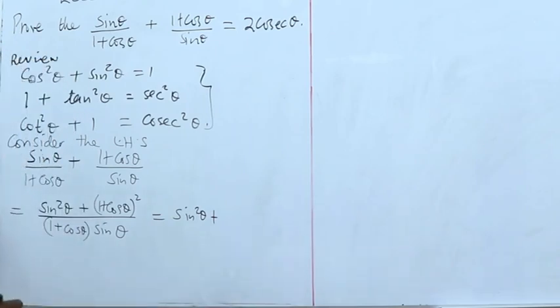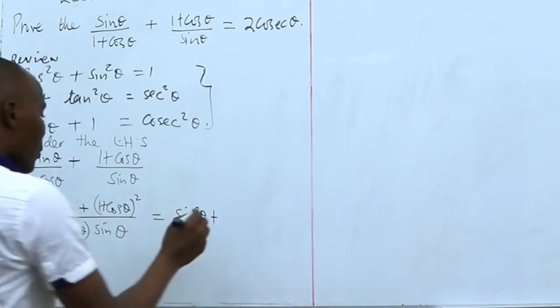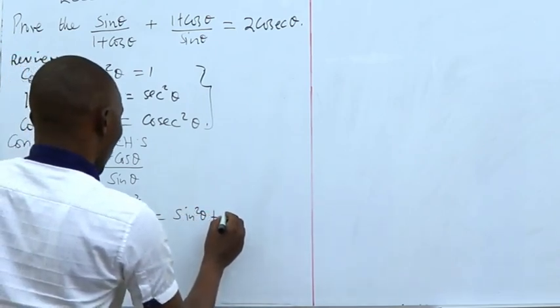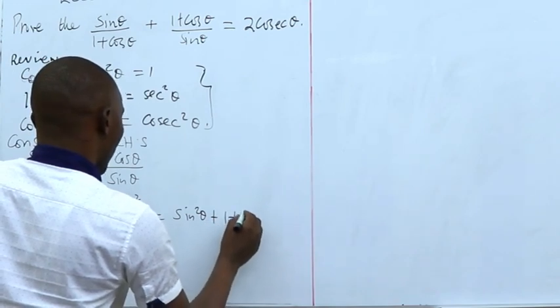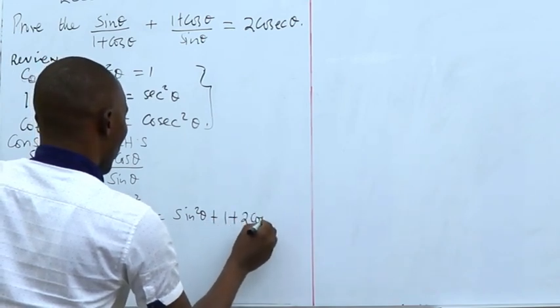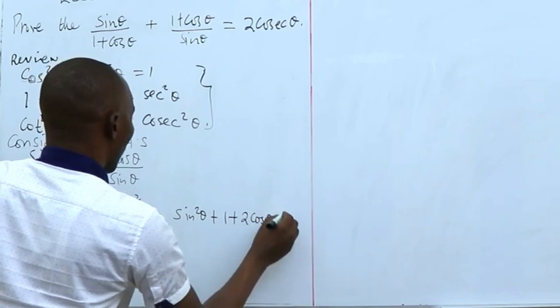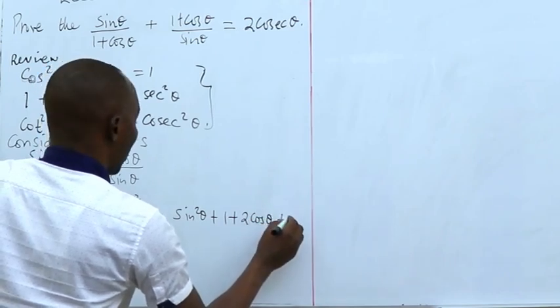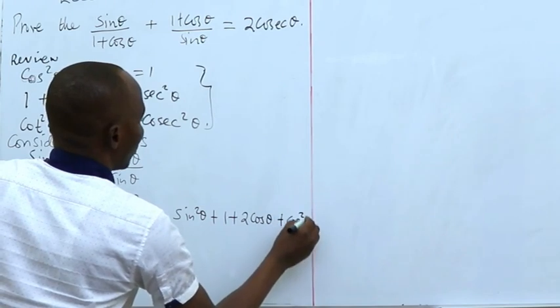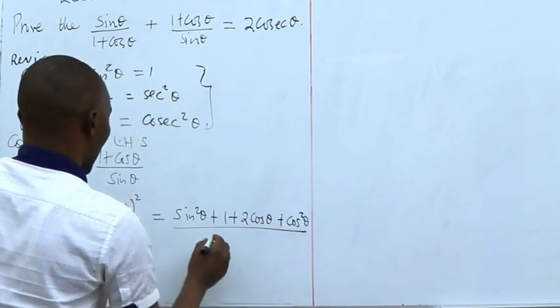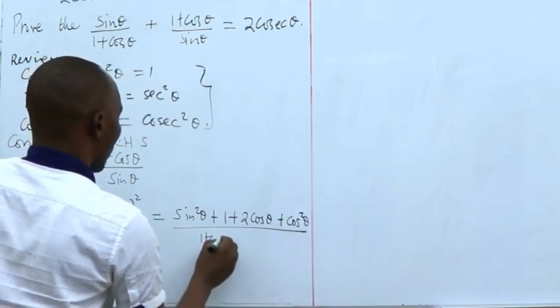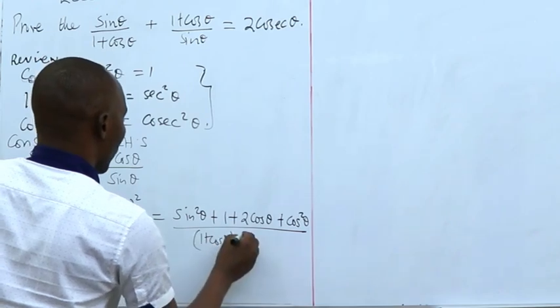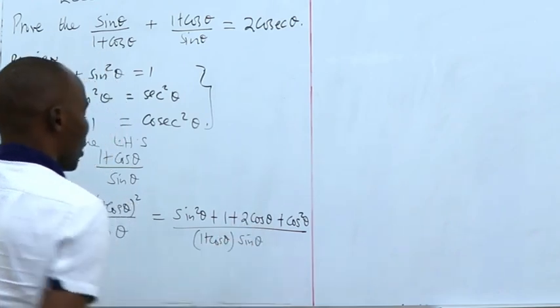We do have 1 plus 2 cos theta plus cos squared theta all over 1 plus cos theta into sine theta.